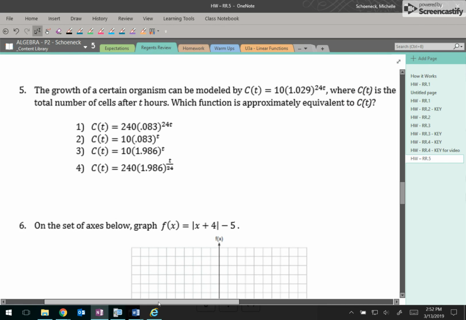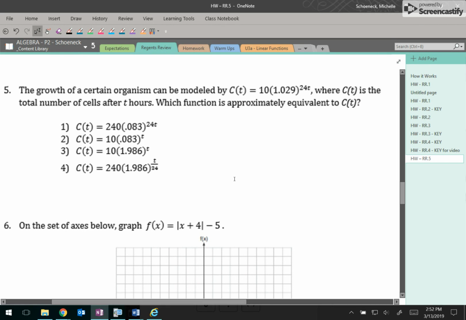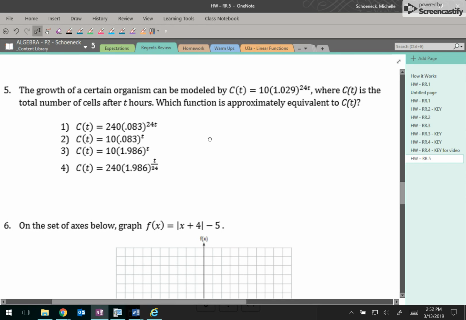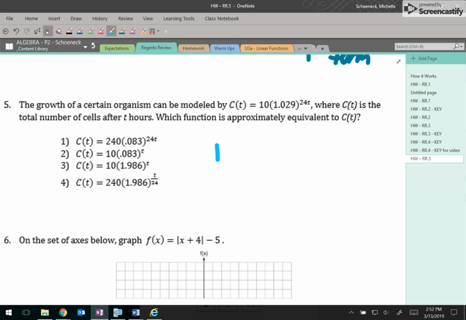Number 5, the growth of a certain organism can be modeled by C of t equals 10 times 1.29 to the 24t. All right, what you're going to do is plug all these into y equals and find the matching table.